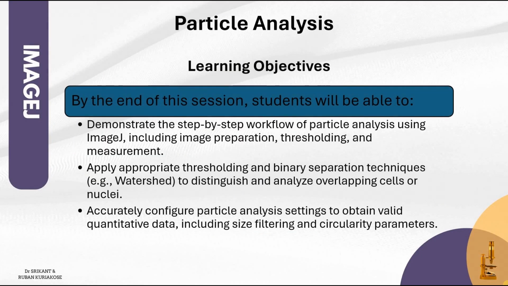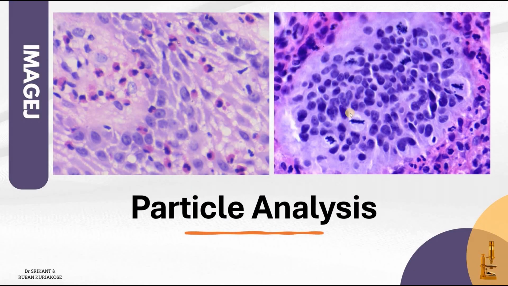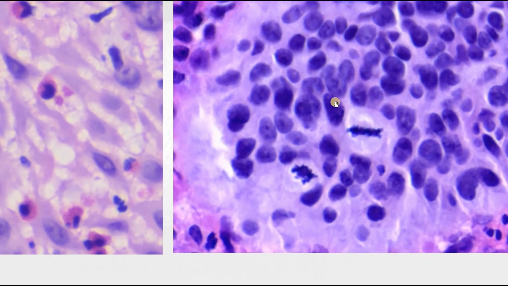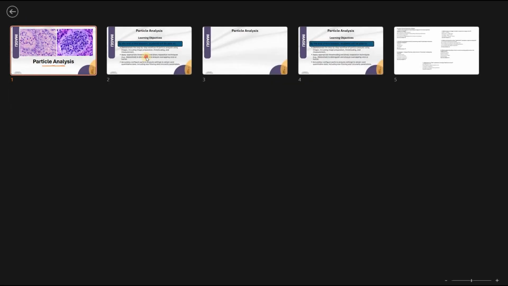So in terms of the objectives, I will demonstrate a step-by-step workflow of the particle analysis using ImageJ, and I will tell you how thresholds are done. Now, if I go back to the image, you will appreciate that there are areas where there is an overlap. You can see that there are cells which are overlapping. So how do we exactly measure or analyze the overlap?